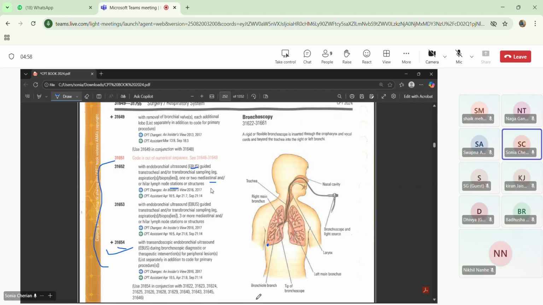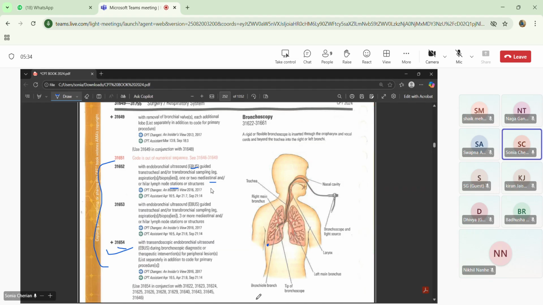Whenever they ask you what EBUS is and what they do, you can say that EBUS is an ultrasound done within the bronchi, and within the bronchi they do ultrasound for the lymph nodes. Lymph nodes are very small nodules. The lymph system returns fluid from the tissues back to the bloodstream, and it has a function of supporting the immune system.